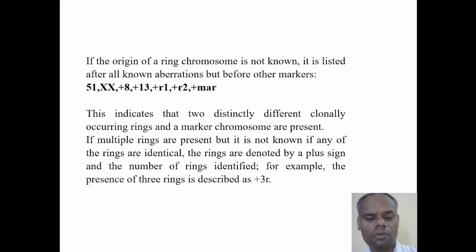If the origin of a ring chromosome is not known, it is listed after all known aberrations but before other markers.